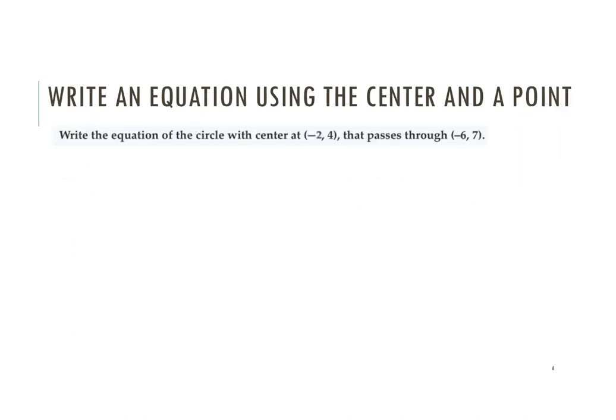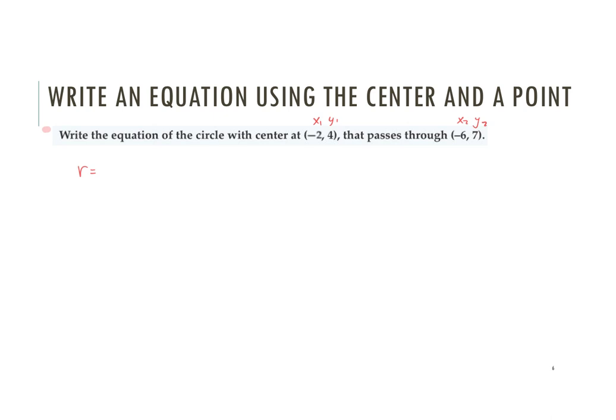Now, the first way that these problems will level up is that you will have to find the radius. So in the 3 previous examples, you were given the radius. Now we have to find it. The way you find it is by remembering that the radius is the distance between the center to the side. So we're going to use the distance formula to find our radius. So I'm going to have r is equal to, have this be x1, y1, x2, y2.